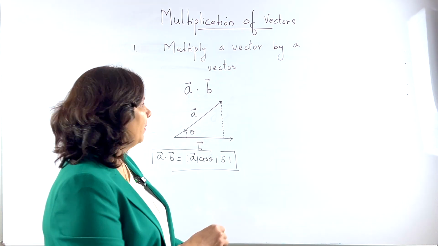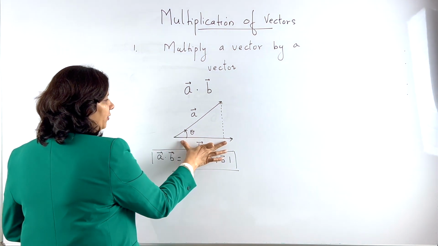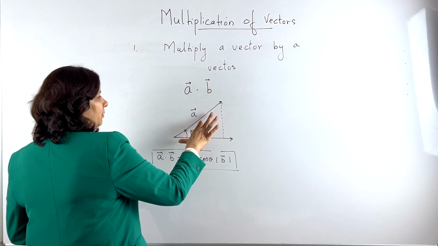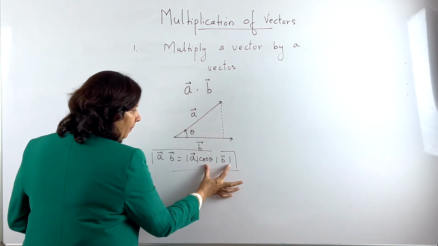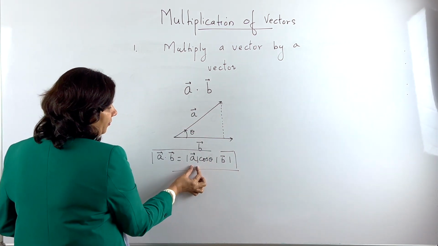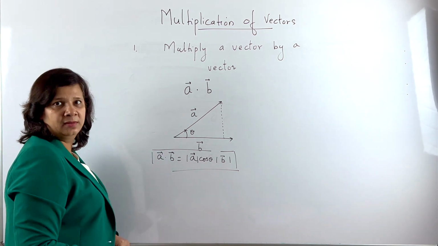So if I take a component of B or projection of B on A, that will be B cos theta into the magnitude of A. So it will give you the same result.